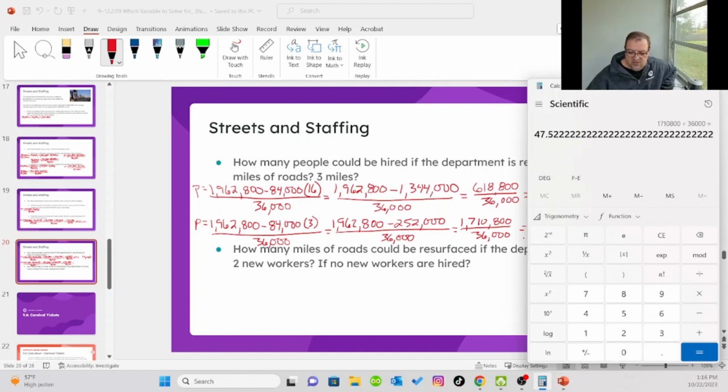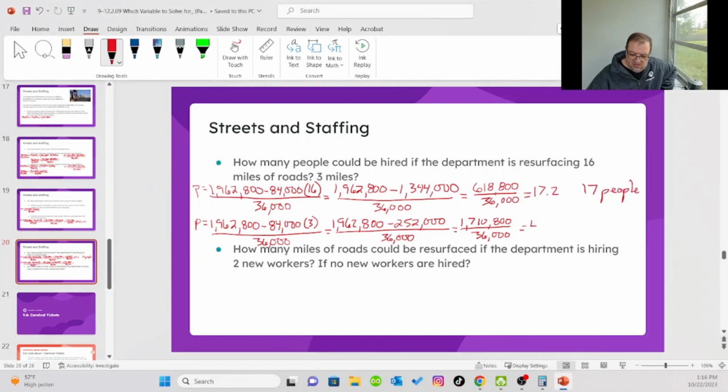That's 47.5. But again, we can't hire partial people, so we would have to round down to 47 people.